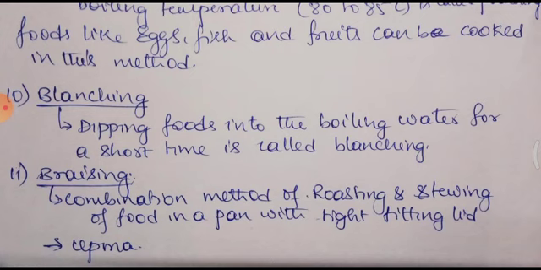Rava is first roasted, and then that roasted rava is put in boiling water containing vegetables, and then we stir it at a certain temperature and cook it for some time to obtain upma. Since both roasting and steaming processes are involved, this is called braising. So the rest we'll discuss in the next session.